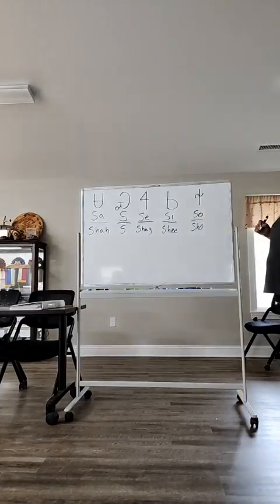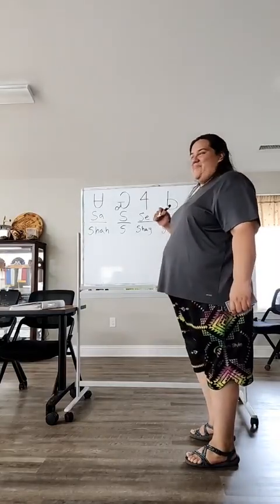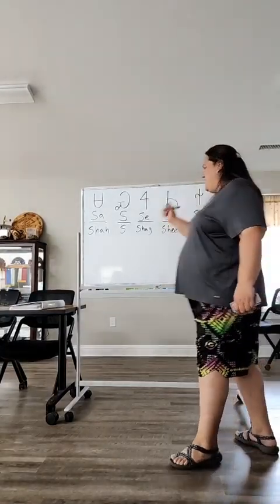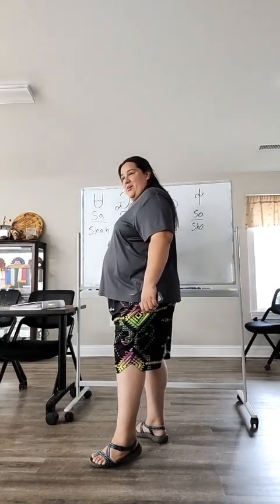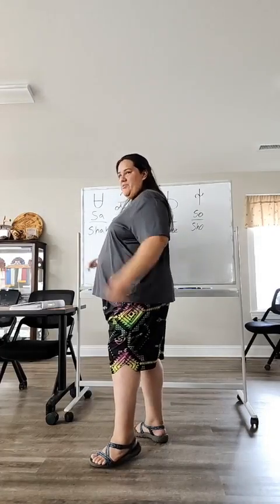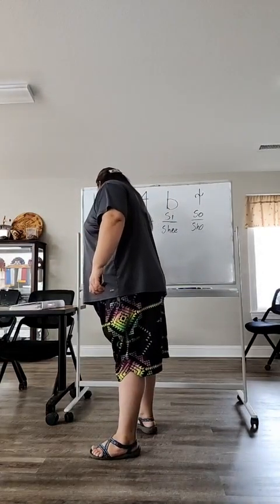This one takes some practice. I will admit this one takes a lot of practice to get. But for me, I start at the top. And some people start from the bottom. It's just all preference. You practice how you got to get it, and that's just how you're going to get it. But this is what it looks like.